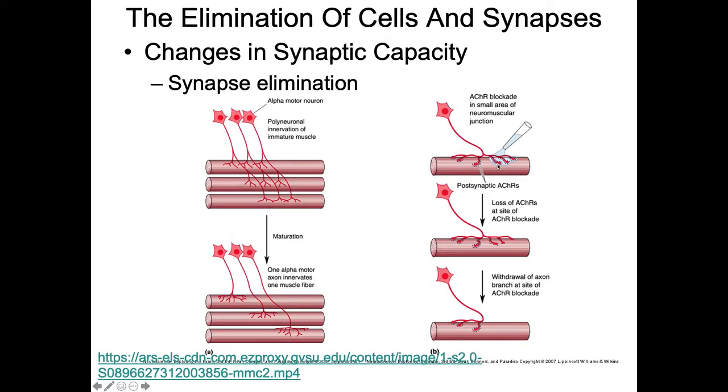If you block part of it, you will lose that portion of the neuron, and the neuron will eventually prefer the parts that it actually has an active connection with. So there's a withdrawal of the axon branch at that particular site. If you don't use it, you lose it. That's the kind of thing that happens with this kind of wiring.